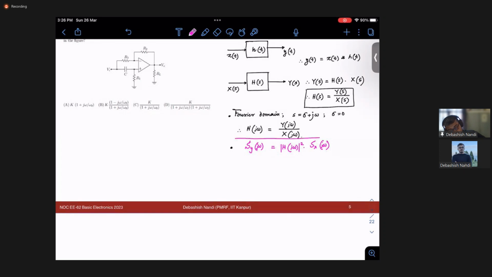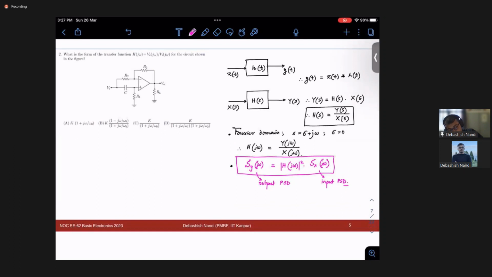This is the output PSD, power spectral density. This is the input PSD. So you should remember these things.